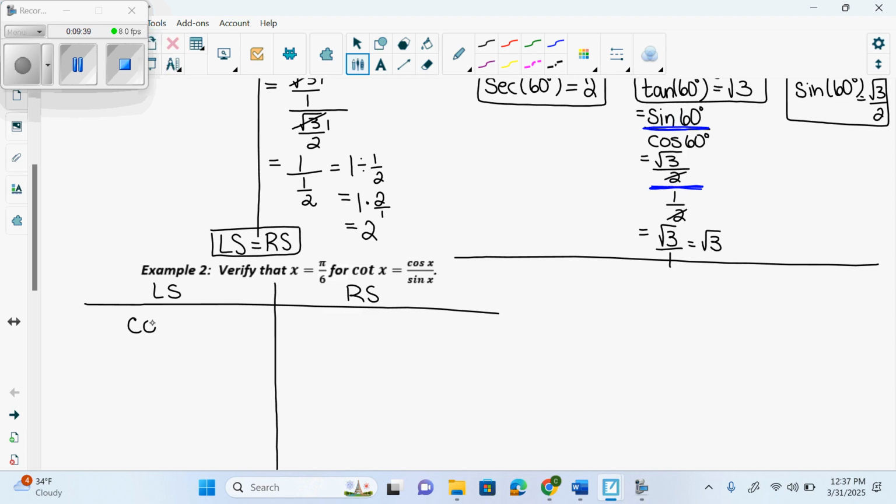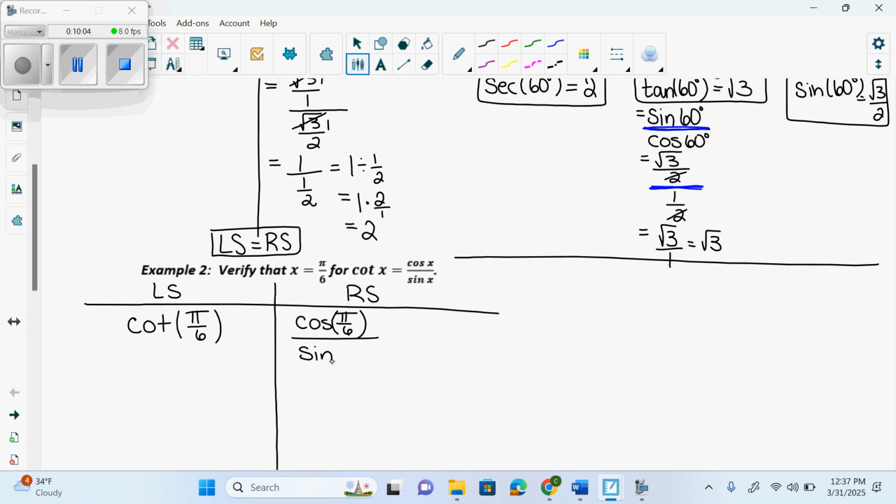So on the left side, I'm going to have cotan of pi over 6, which is the same as 30 degrees. But I can't put a 30 in there because I'm verifying pi over 6. I'm not verifying 30 degrees. Do we agree? Then on the right side, I have cos pi over 6 divided by sine pi over 6.